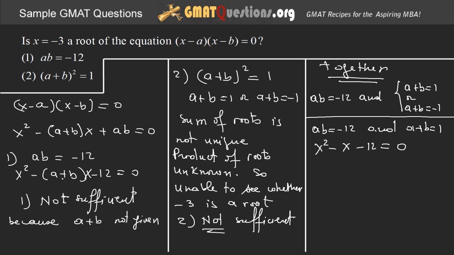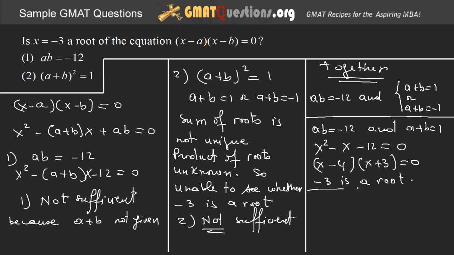Remember, a plus b equals 1. If you factor this, you're going to see that this is the same as (x minus 4) times (x plus 3) equals 0. As you can see, the roots are x equal 4 and x equal negative 3. So negative 3 is indeed a root.